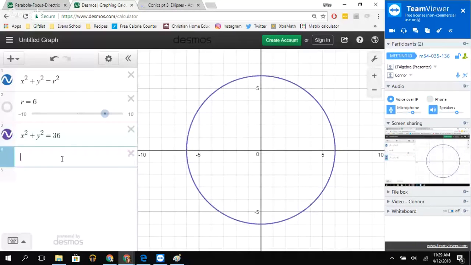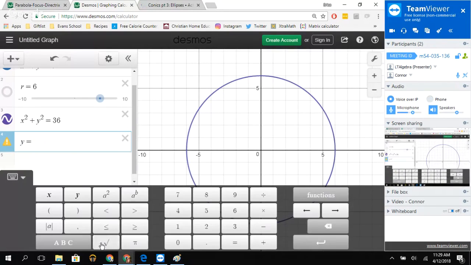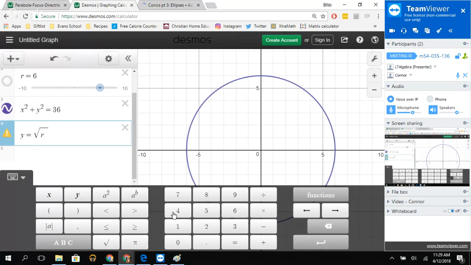So you have to graph this as y equals the square root of the radius squared minus x squared.